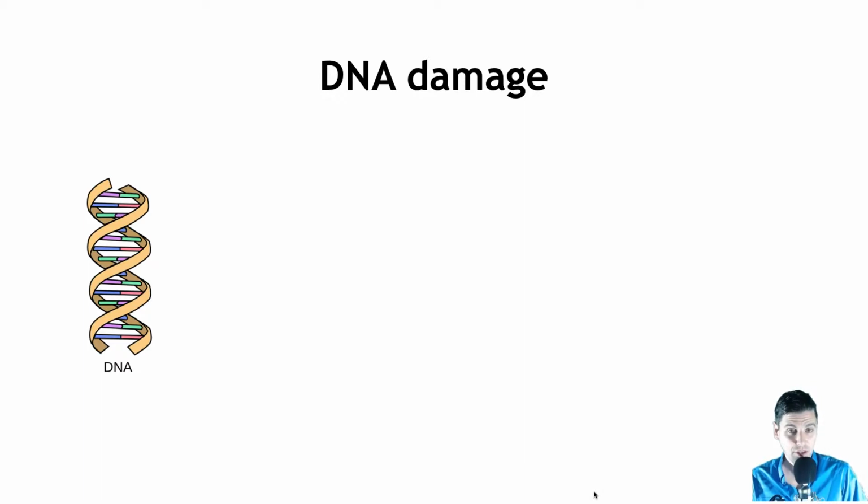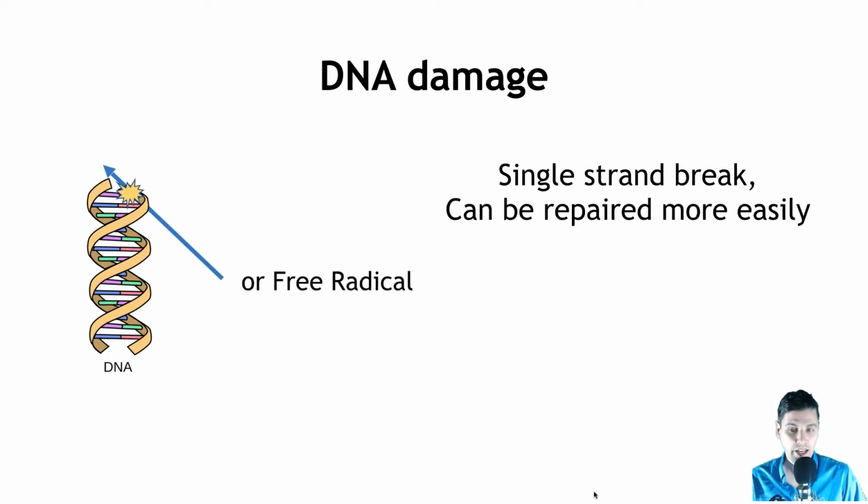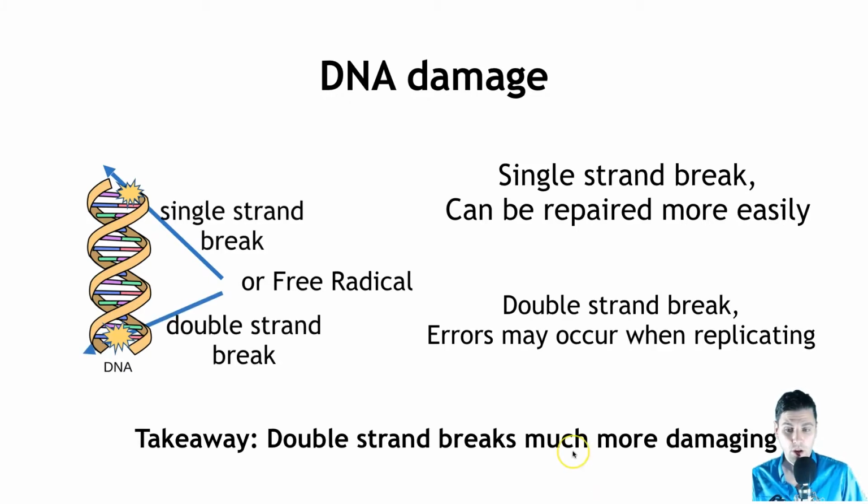DNA damage. This is just a very high-level look, and we have other videos where we talk more specifically about DNA damage. But at a high level, we can have either a free radical or an energetic electron, and those can result in damage which is either a single strand break, so just one of those strands, or a double strand break, in which case both strands are damaged.